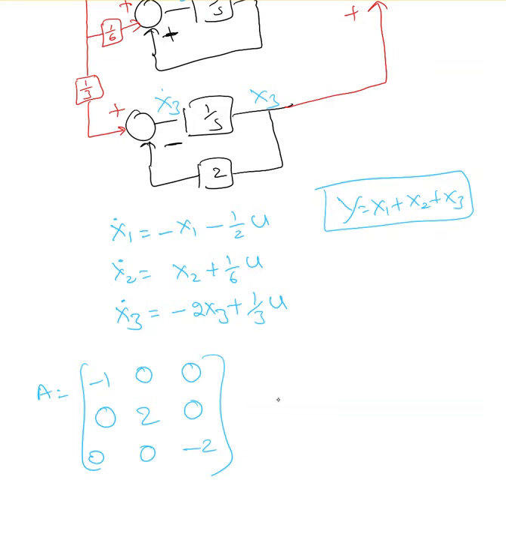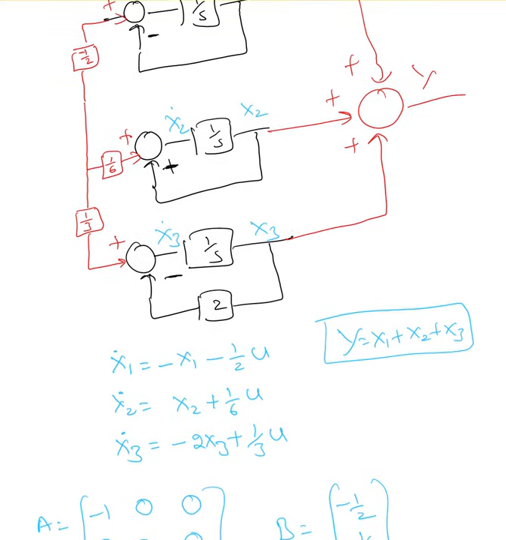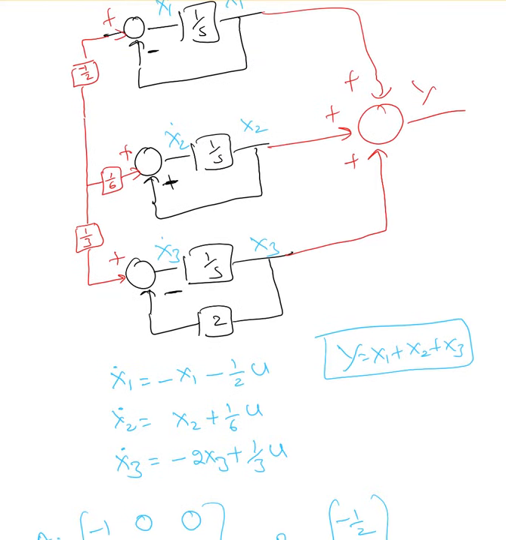B equal to minus 1 over 2, 1 over 6, 1 over 3, and C equal to 1 1 1, and D equal to 0. These are the state equation and output equation of the given transfer function by using the Jordan form. I'll stop it here. Thank you.